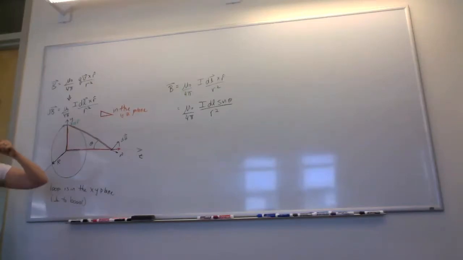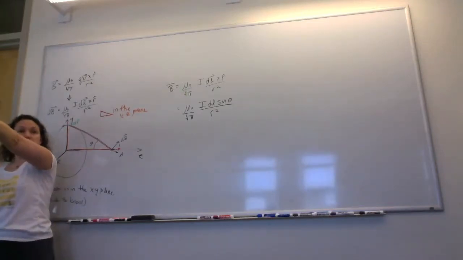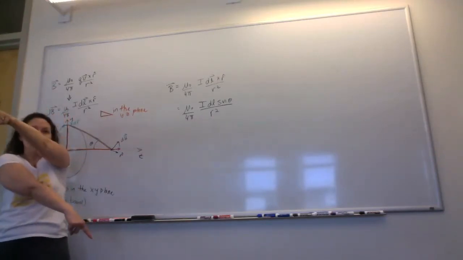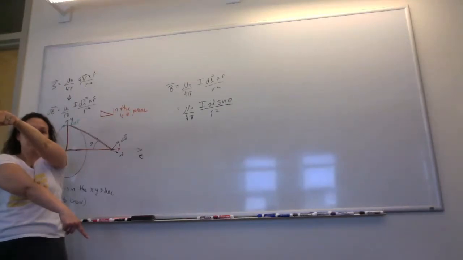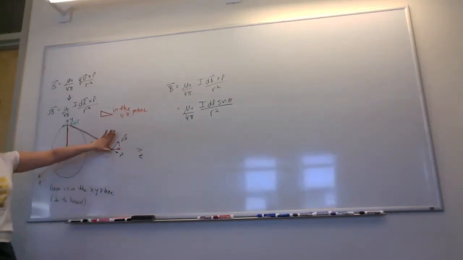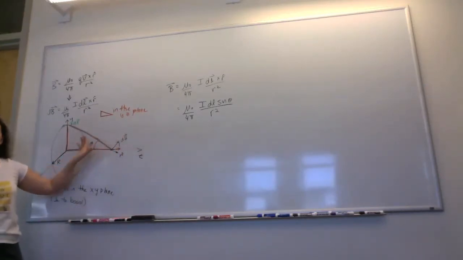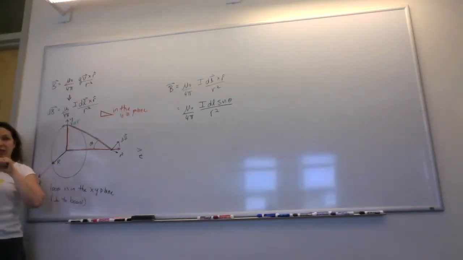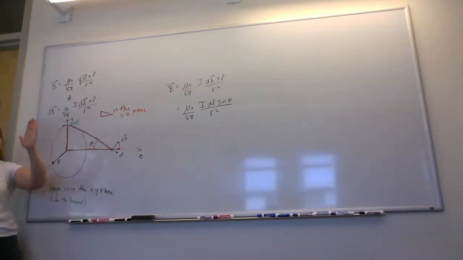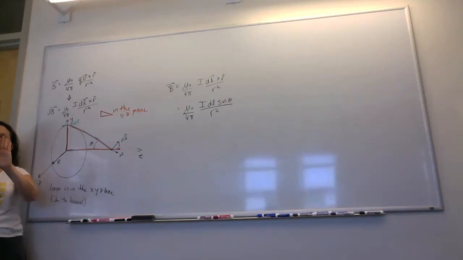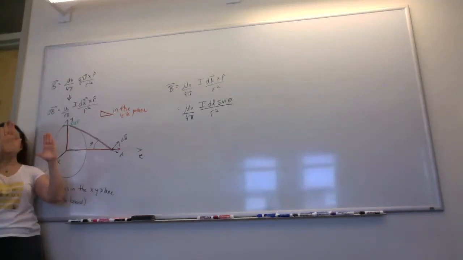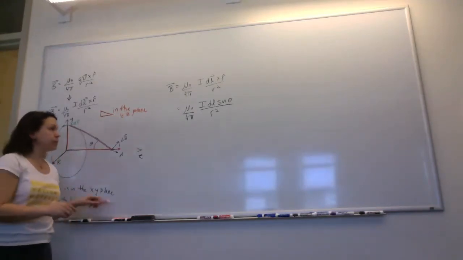Now, this I dl points out of the board, and this r hat points down. It is 90 degrees. The r hat vector is in the yz plane, and this little element is in the yx plane. Those planes are perpendicular to each other, so the angle between the I dl vector and the r hat vector is 90 degrees.